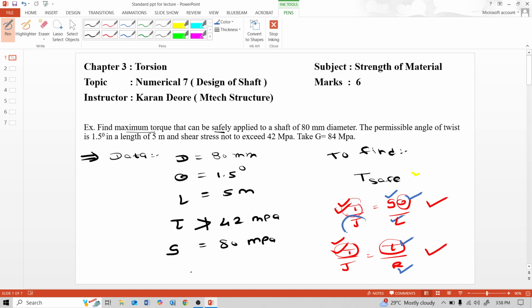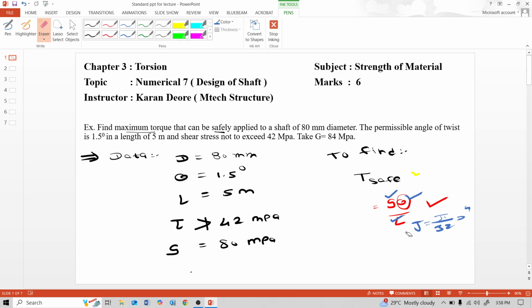Currently we don't have the polar moment of inertia, so we will find it using the formula J is equal to pi by 32 D raised to 4. So this is the solving methodology. The first step is calculation of polar moment of inertia, then torque based on shear stress and torque based on angle of twist.